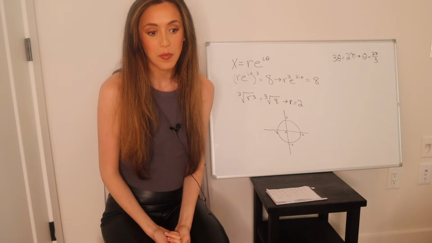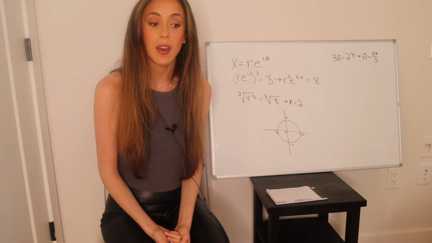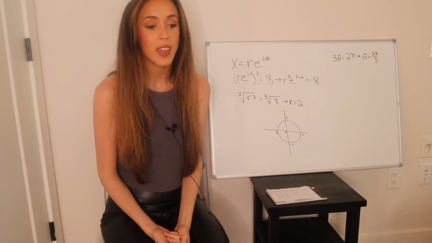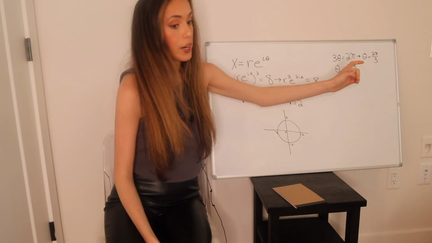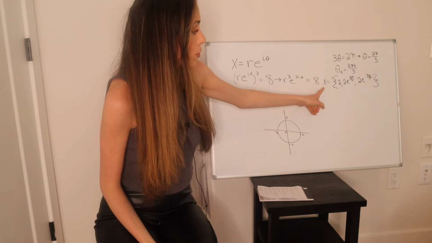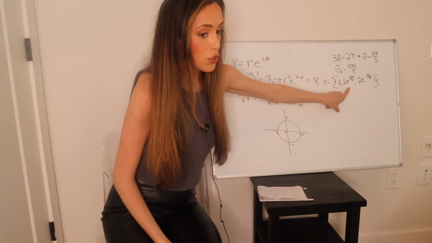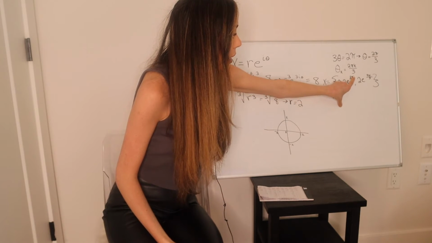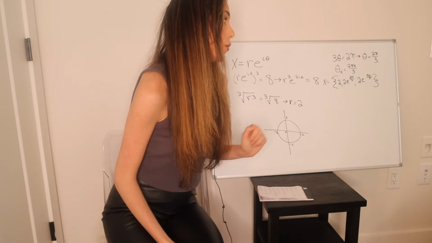In this example, the exponent is 3, so the maximum of k is 2. Therefore, each angle is 2 pi k over 3. Thus, the 3 solutions for x are 2, 2e to 2 pi over 3, and 2e to 4 pi over 3.